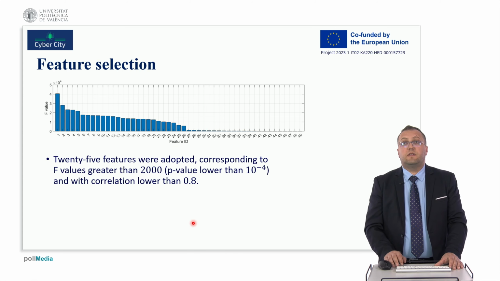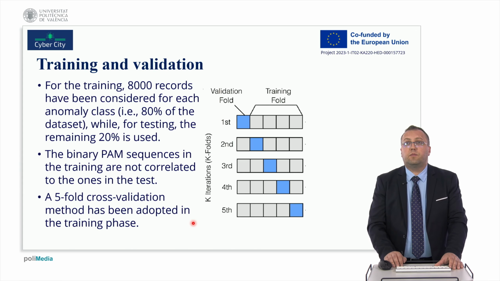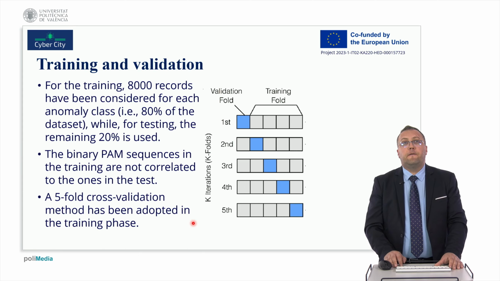Once we have selected the features, we started to perform training and validation trials. For the training, 8,000 records have been considered for each anomaly class, from which 80% of the data set is used for training, while for the testing the remaining 20% were used.